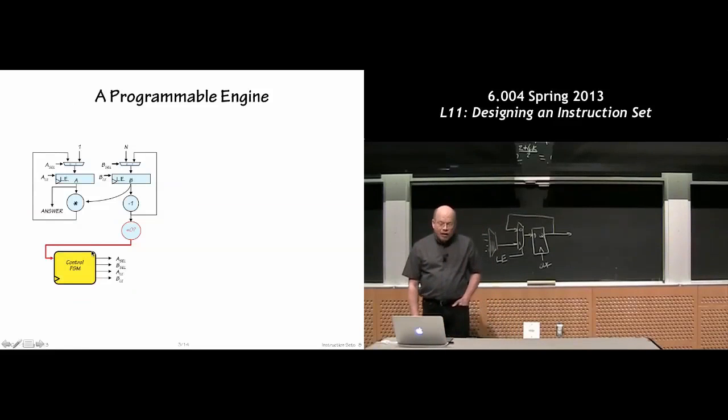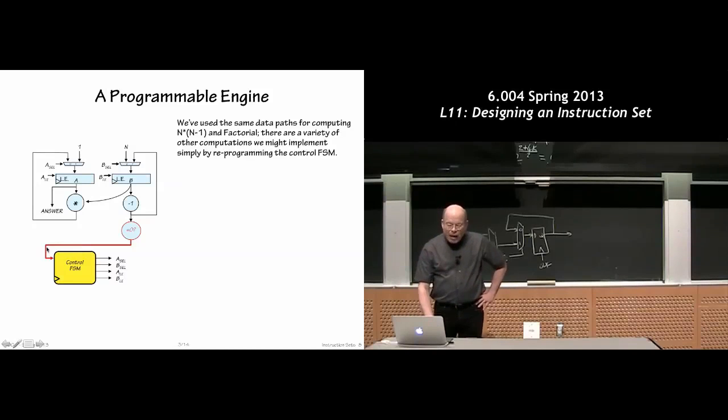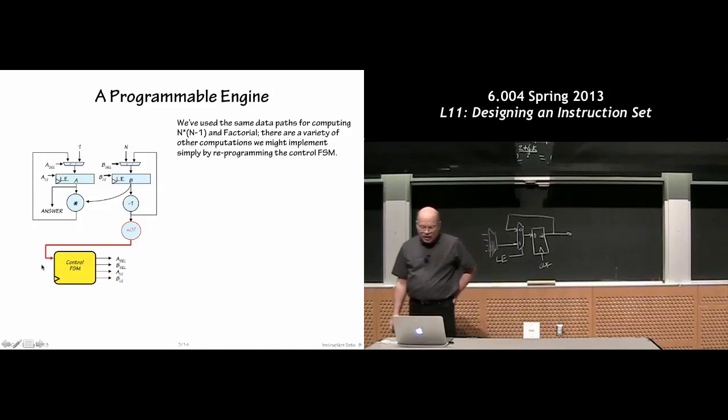Okay, so what we've given ourselves here is a little programmable engine where we have a data path that's being controlled by this FSM, and the FSM generates a bunch of control signals each cycle that affect what the data path does. And the data path listens to some status signals to change what it will do depending on whatever the status signals are indicating is happening inside the data path.